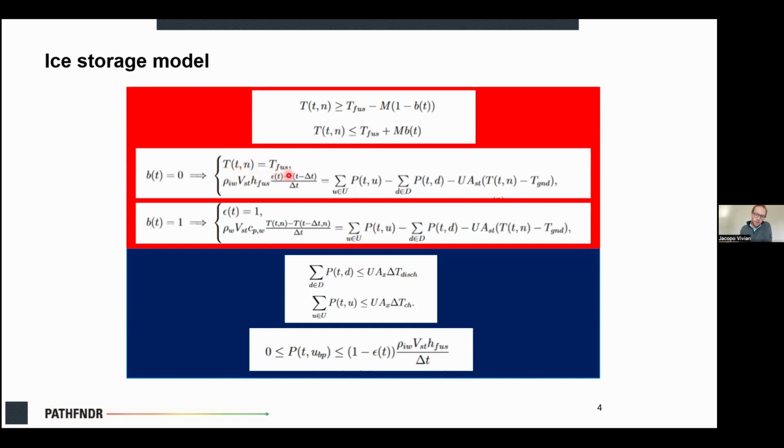And what changes with the heat extraction and rejection from the storage is this variable epsilon, that means the water level in the storage. When we are in the sensible phase, the water level is constant and equal to 1, which means 100%. And when we extract and reject heat from the storage, we change the water temperature in the storage itself. And then we have all the other constraints regarding the heat extraction and delivery rate of the storage.